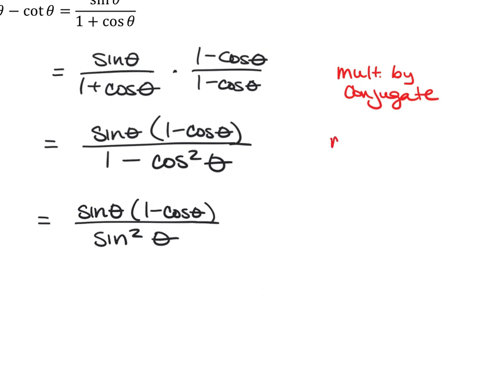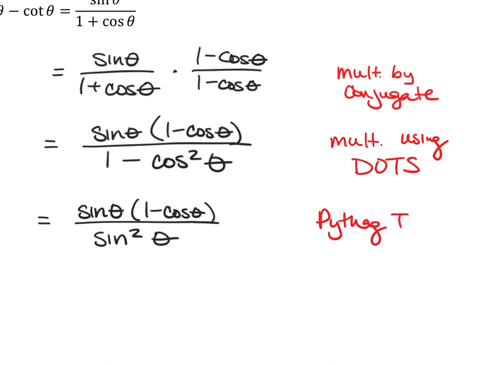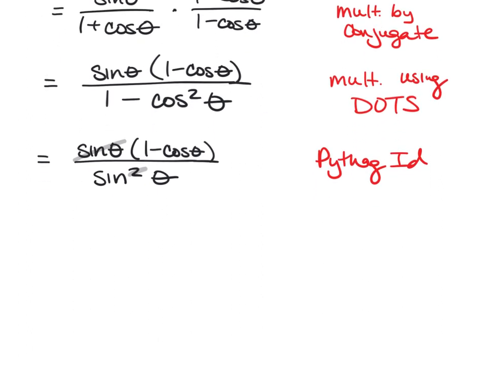So this was multiply using difference of 2 squares. And then now we can cancel, just like we did in the problem before this. So the sine will go away and the squared from the denominator will go away. This will be 1 minus cosine of theta over sine of theta.